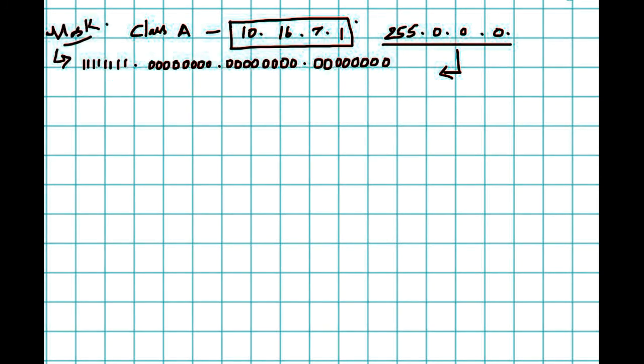This is the network portion, as we all know, and we can't do anything with it. So we borrow some bits from the host portion. This is the host portion, host portion, host portion.